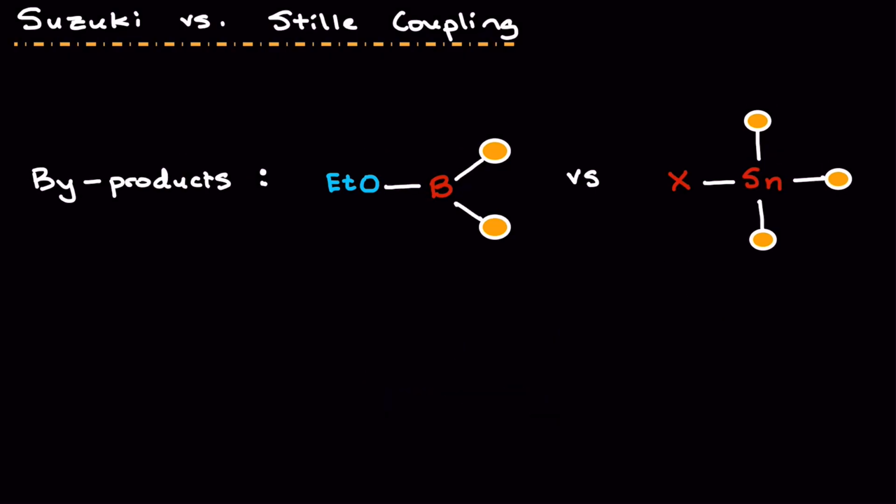So also, if we consider byproducts that are formed in both of these reactions, so when we look at our organoboron, our Suzuki reaction, what we end up forming is this boronate type byproduct versus a halogenated stannane product for our Stille coupling.